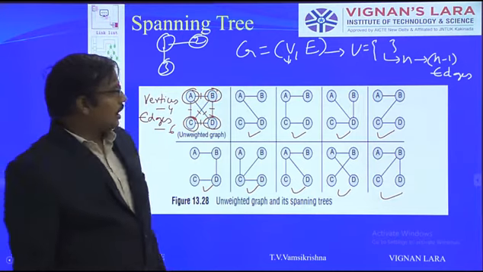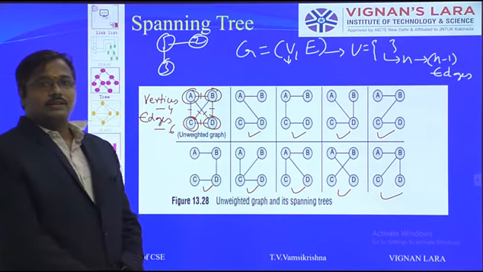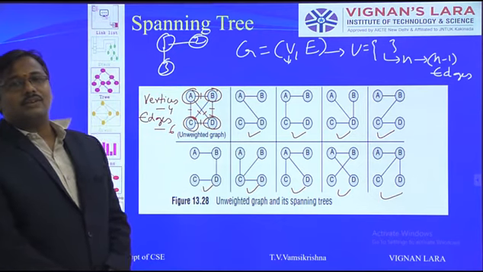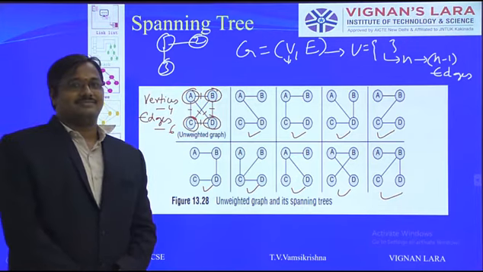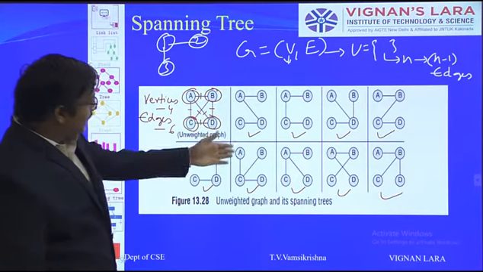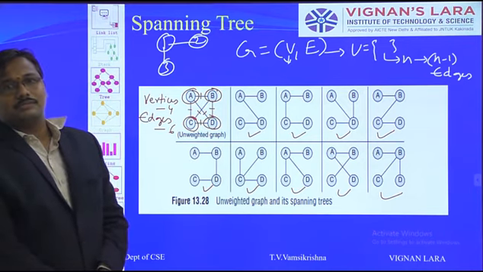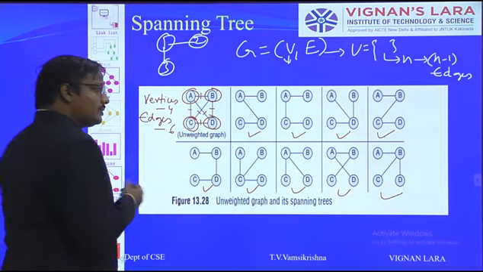So how to get this? What is the logic behind this? How many options may you get? 9 options. So what is the formula for this?